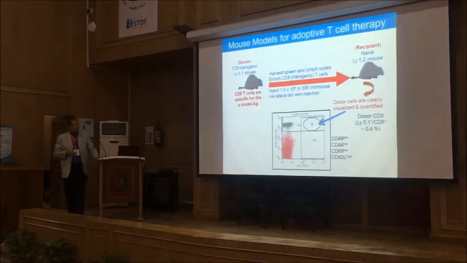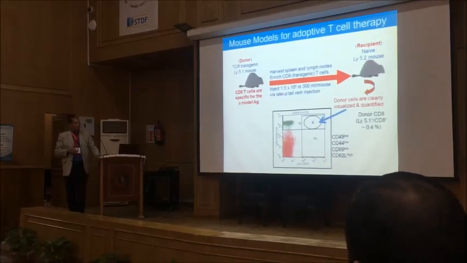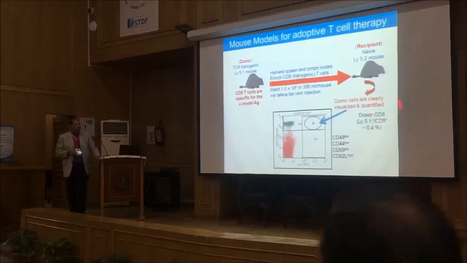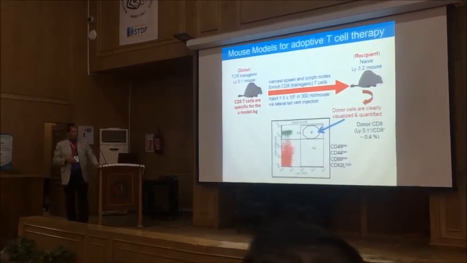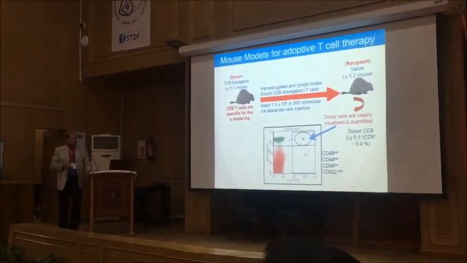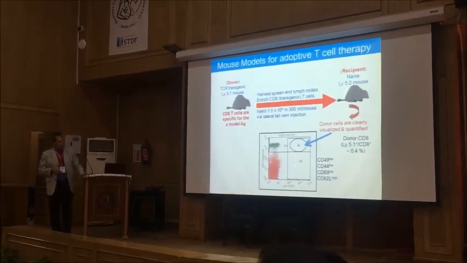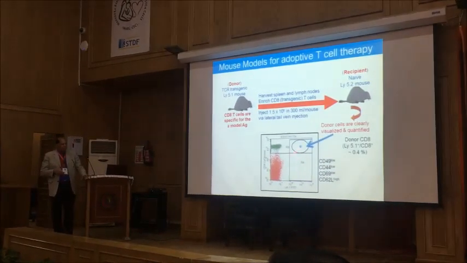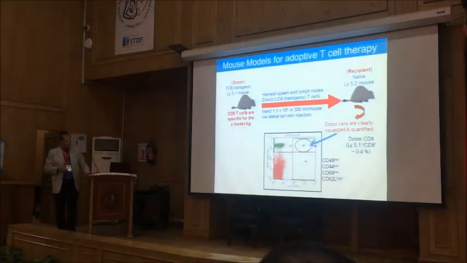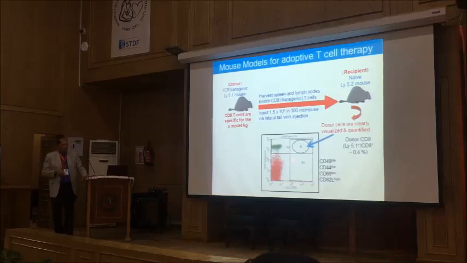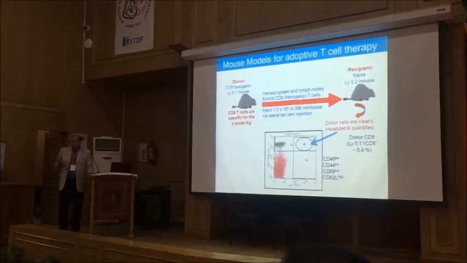We transfer a very small number, almost 1 million or 1.5 million, into the recipient, and then track them in peripheral blood or spleen, and you can very nicely distinguish donor CD8 cells from host cells. This is the transfer of transgenic cells.